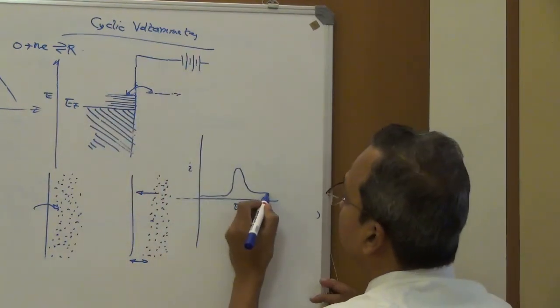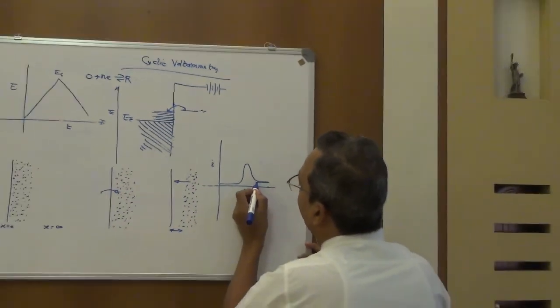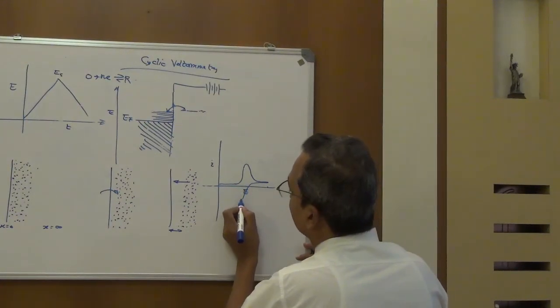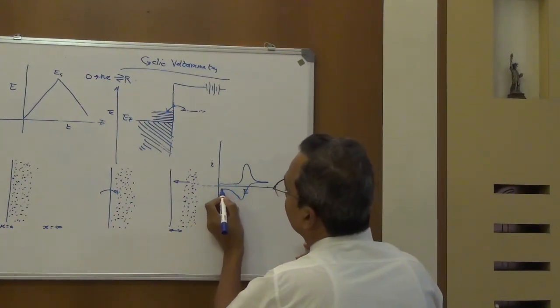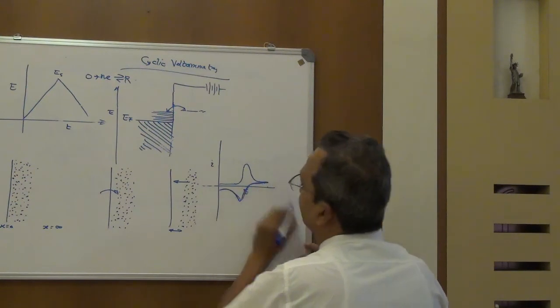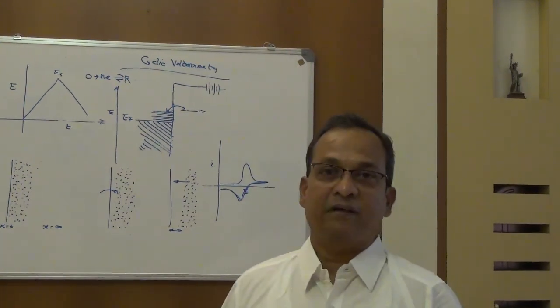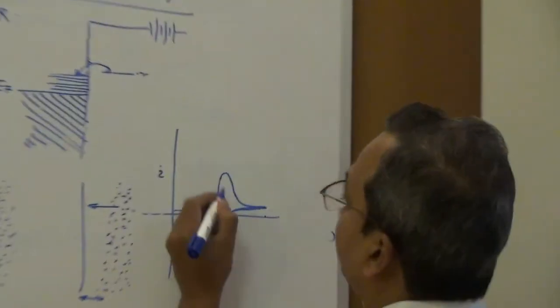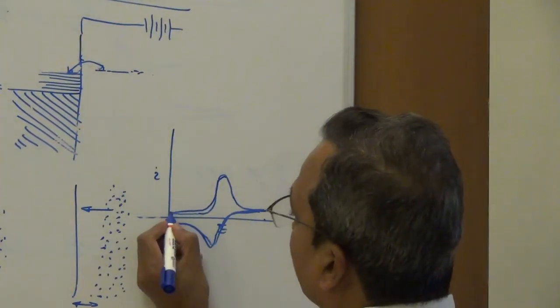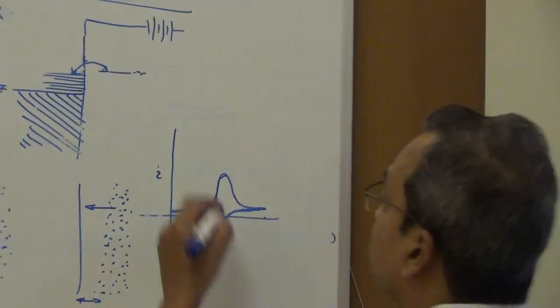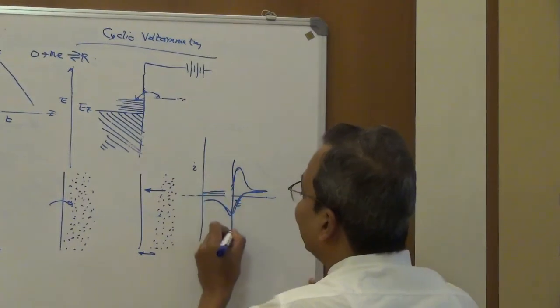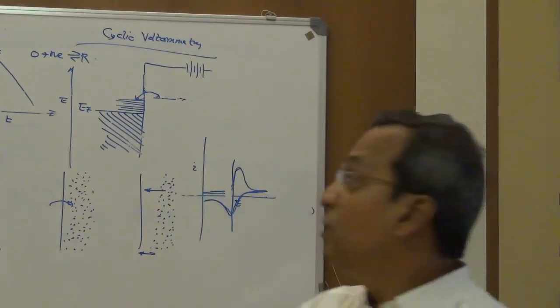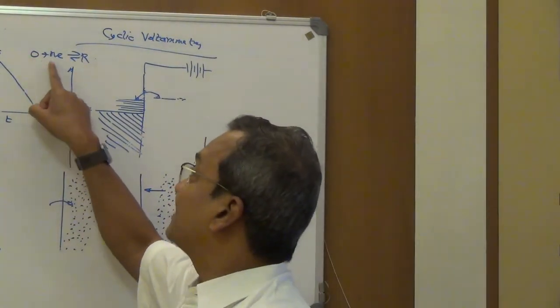So you get an exactly complementary current response. The kind of plot we get is like this, and this is called a cyclic voltammogram. An important aspect of the cyclic voltammogram is that you can determine the redox potential, or standard reduction potential, of this reaction, O plus ne equals R.